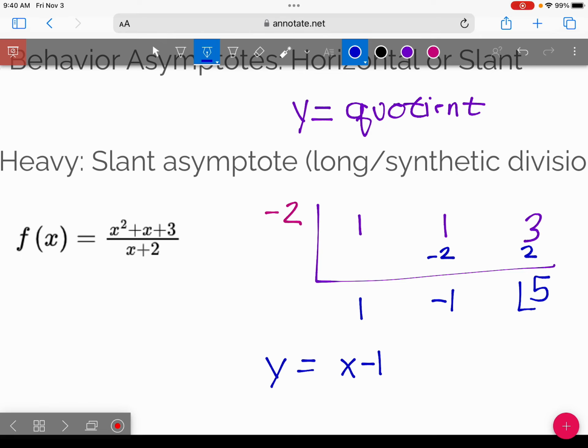So when we're looking at these, and when we're going to graph these, we're going to need to check all the things we went through Wednesday and today. We're going to check for holes. We're going to find x-intercepts, y-intercepts. We're going to find horizontal asymptotes, vertical asymptotes, end behavior asymptotes. We're going to find all of the pieces and plot them up.